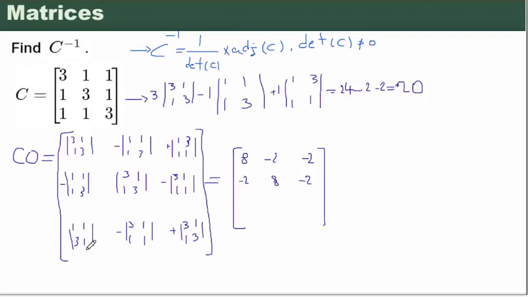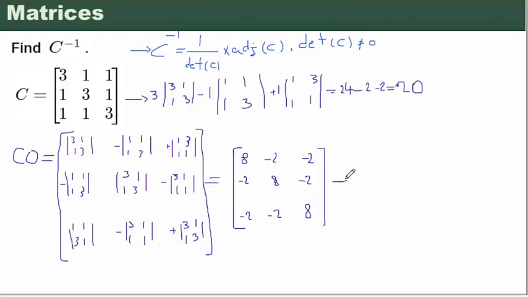It would be negative 2, so I put negative 2 here. Here it's 3 times 1, 3 minus 1, 2. So negative 2, and it would be 8.